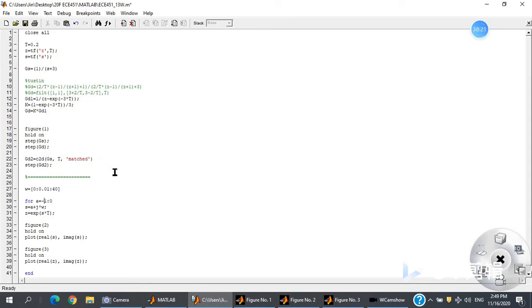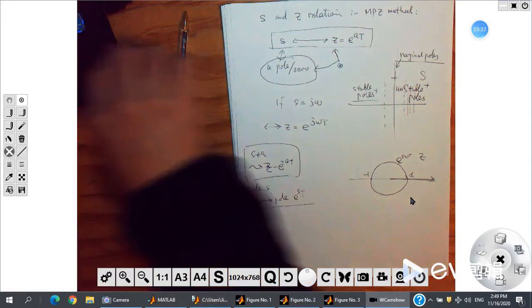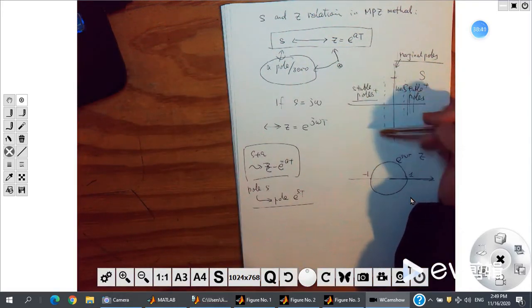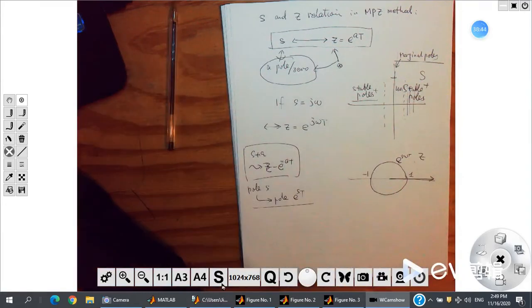Okay, negative 4 to 0. Then I have 4 curves, all of them on the left side. So I have four straight lines on this side, and we will see what it is.